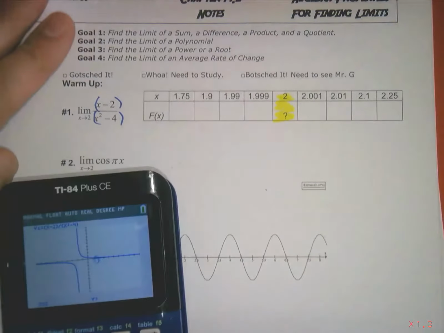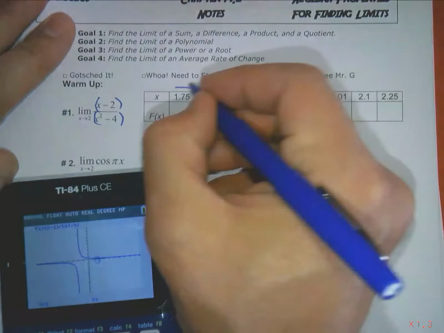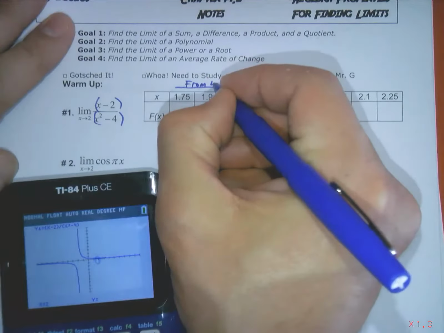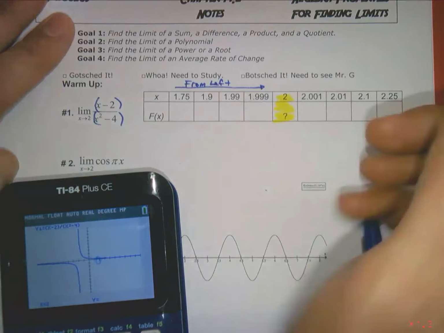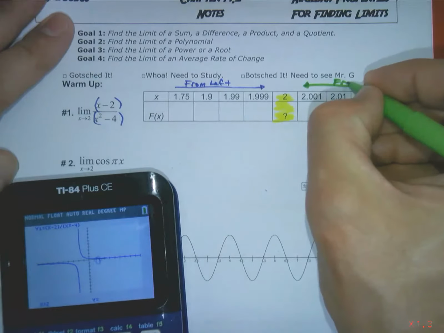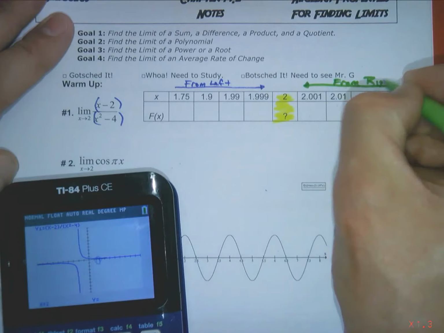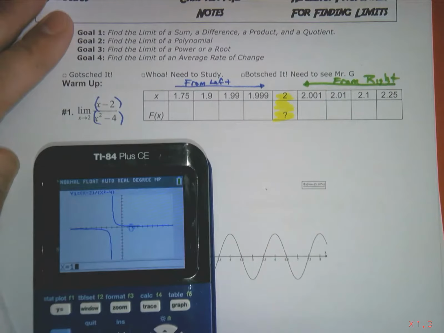When I plug in these numbers from this table, I work outside in. So this is from the left towards the number 2. I'm going to punch in these numbers outside in, and then the numbers from the right closer to 2. So I'm going to type in 1.75. Second trace, value 1.75.